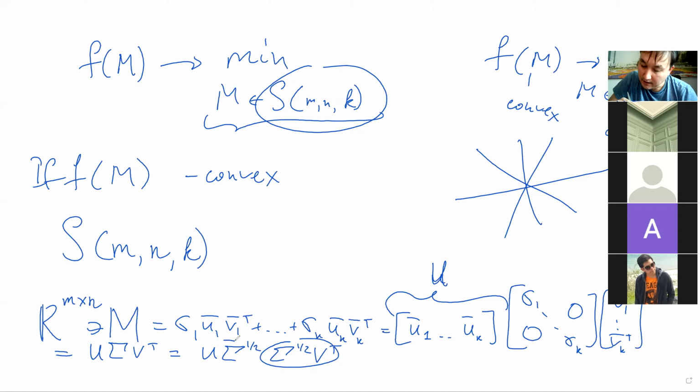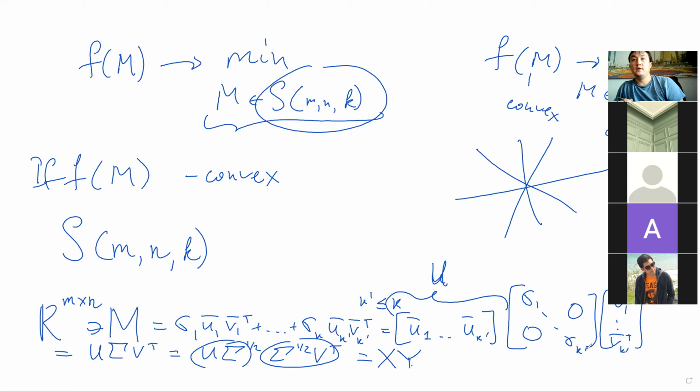So any matrix whose rank is not greater than k can be represented as a product of two matrices, X and Y. And what do we know about X? Here, k prime is less than or equal to k, right?